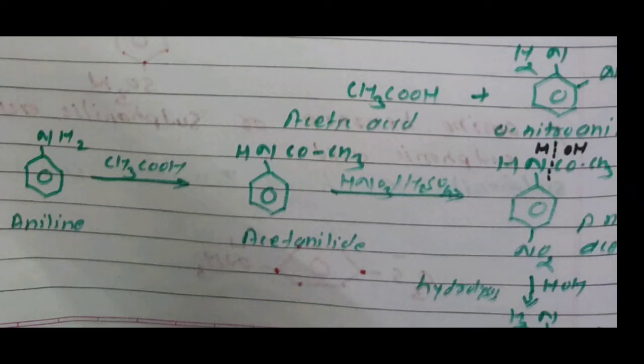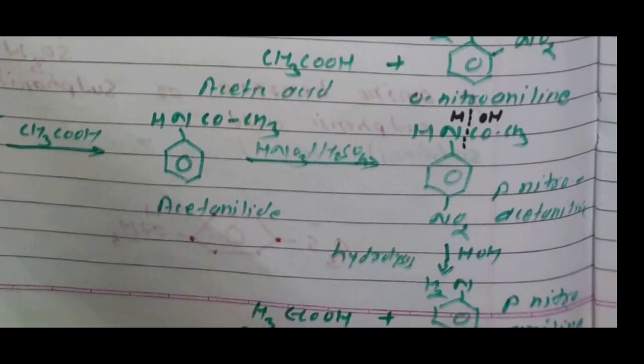Then this acetanilide further reacts with the nitrating mixture, concentrated HNO3 and concentrated H2SO4. Then the NO2 group attaches at the para position, forming para-nitroacetanilide. Para-nitroacetanilide then undergoes hydrolysis at the NHCOCH3 group.